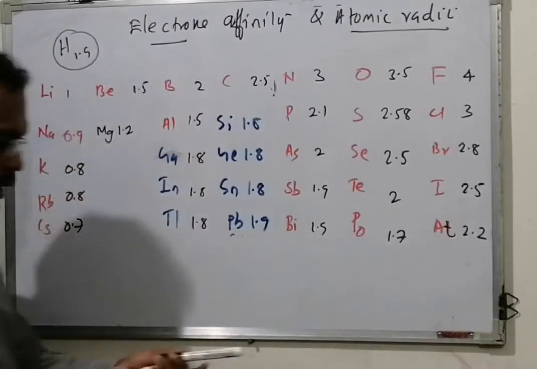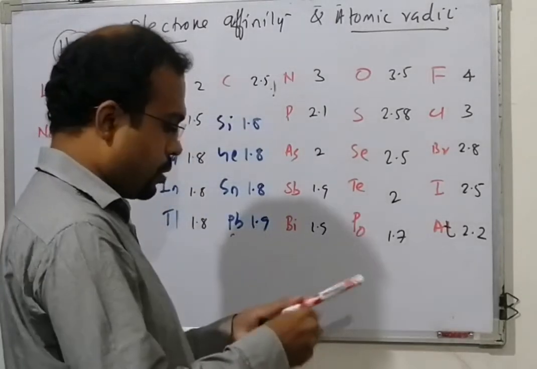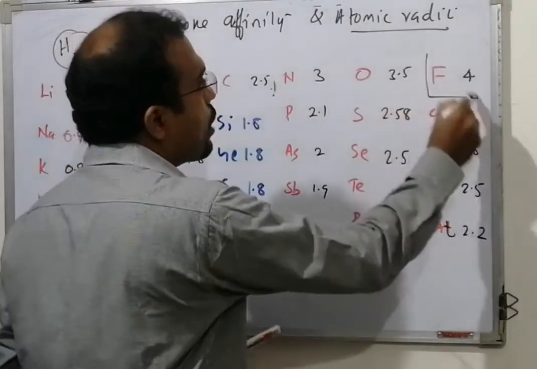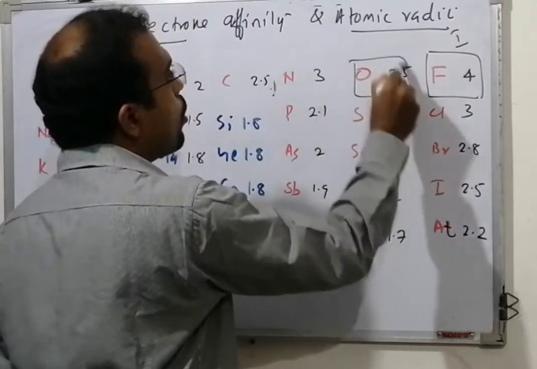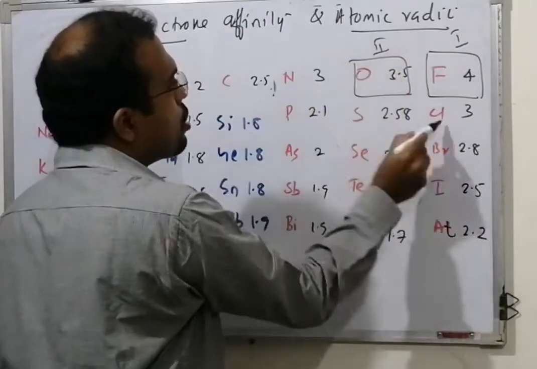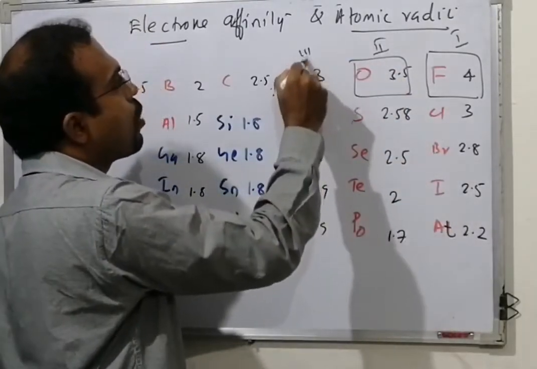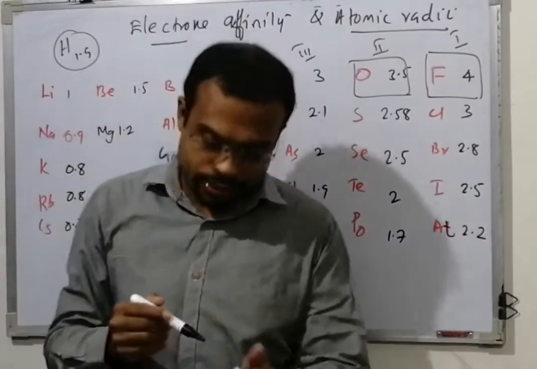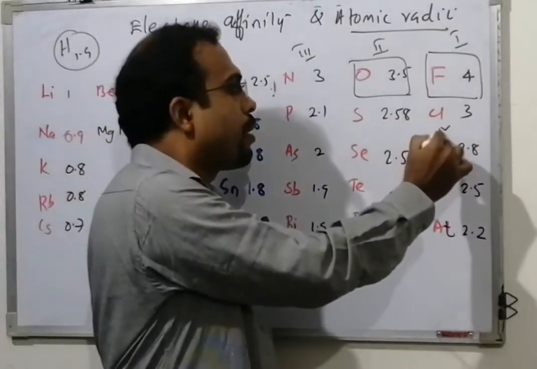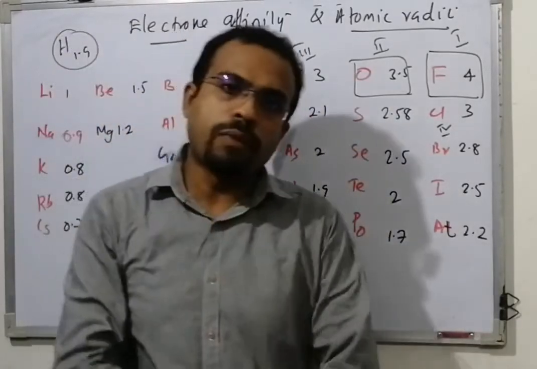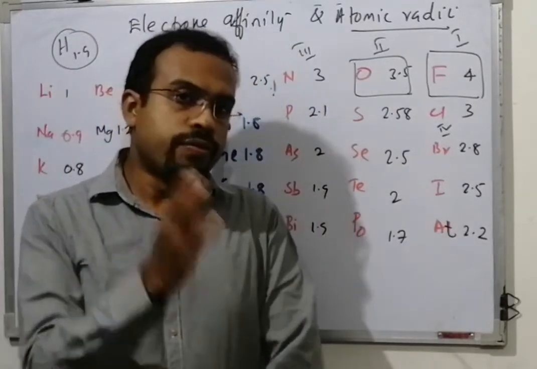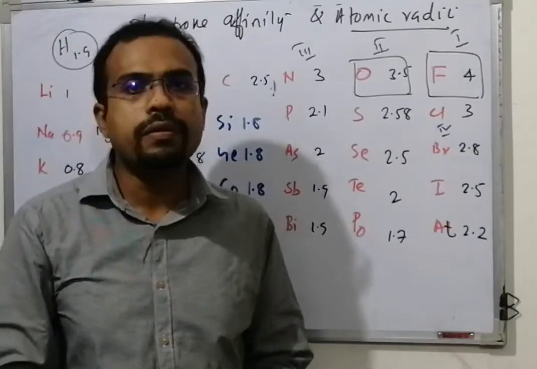This is the most electronegative element, number 1. This is number 2. Number 3, nitrogen and chlorine. But normally people say number 3 for nitrogen, number 4 for chlorine. This is a rough value, please remember, we have adjusted values.